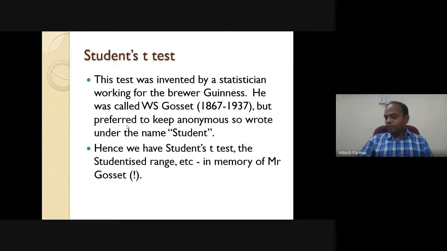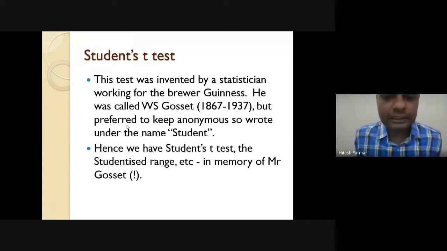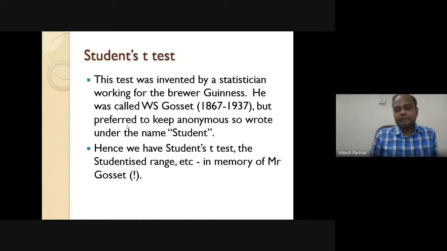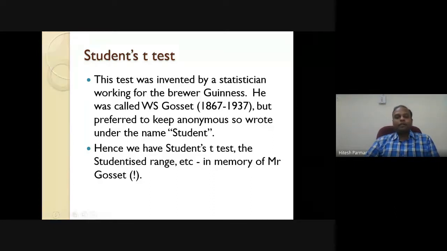What he observed was that whenever his sample was small, less than 30, the shape of the distribution was not following the normal distribution. It was something different from the normal distribution. And whenever the sample size was greater than 30, he found that it was approximately the normal distribution.